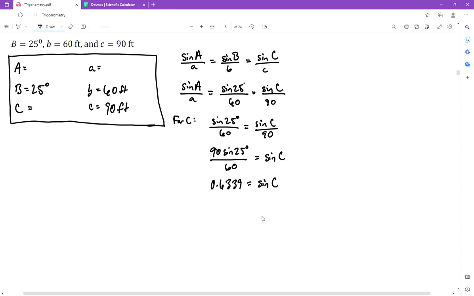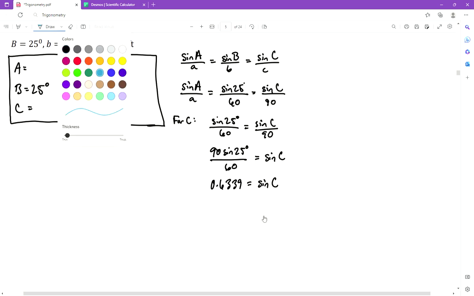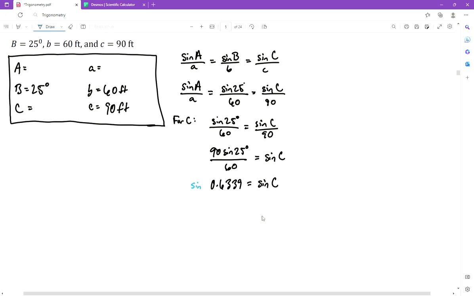Okay, and then now we can use our inverse trig property. What I've been doing is putting sine inverse on both sides here. That way the sine inverse and the sine would cancel, and we're left with just C on the right. The left side, we can plug that in. Let's see what that is.